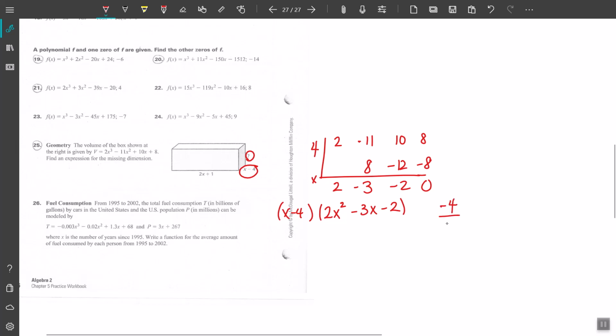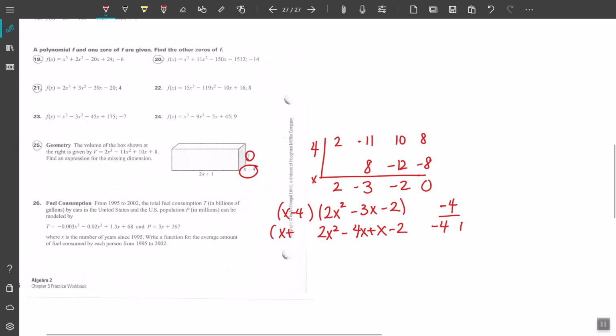Factors that multiply together to give me negative 4, that add together to give me negative 3 would be negative 4 and 1. So I'm going to rewrite the first term, write the middle term as a sum of negative 4x and positive 1x, and then copy down that minus 2. I'm just dropping that down.